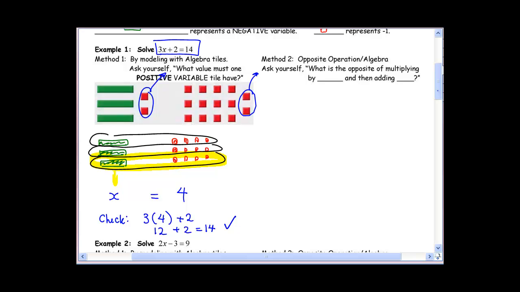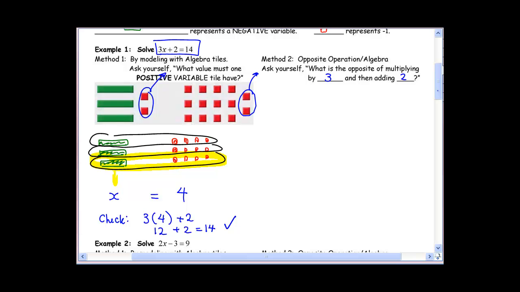Now, once again, if you don't like algebra tiles, or you just think, oh, drawing pictures is too long, well, let's see if we can actually do the same question with opposite operation. Now, with opposite operation, you're going to ask yourself, what is the opposite of doing what it said? 3x means multiplying by 3, and then plus 2 means adding 2.